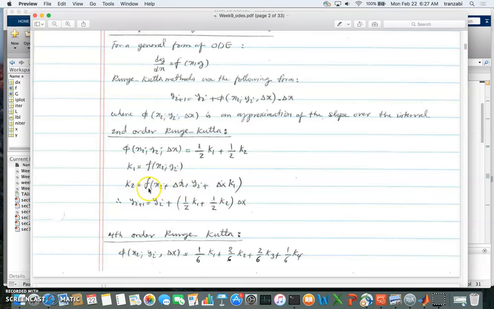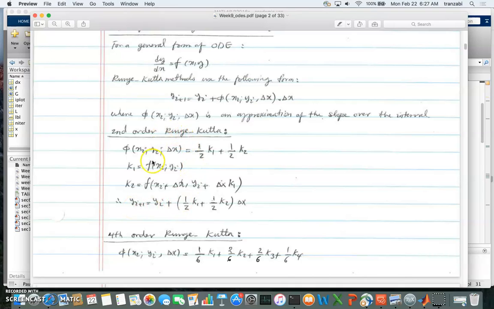So basically, I evaluate f at a different x and y compared to k1. Now we have k1 and k2, we average them, times delta x is what we add to the current y to get the next yi plus 1.